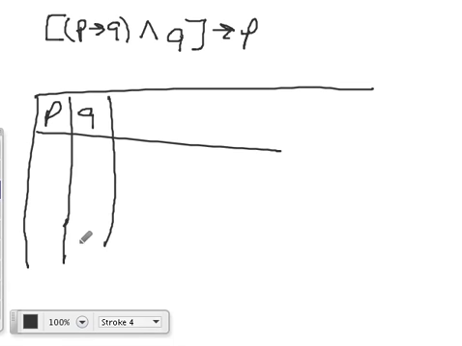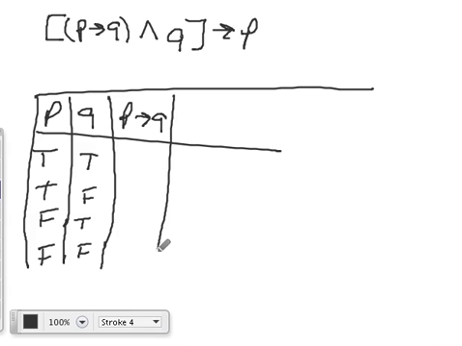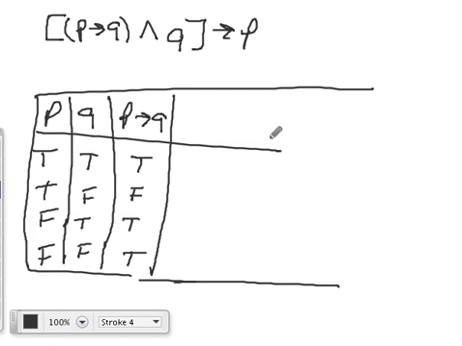It's hard for me to work on this pad. Remember, breaking a promise. Let's see, we're going to do this, and Q. It's just a conjunction, so where the last two columns are both true, it's true here, but false everywhere else.